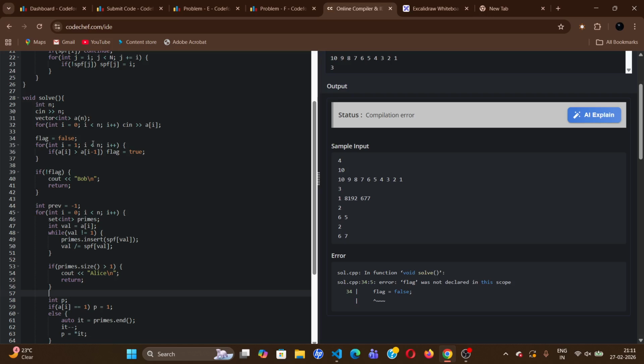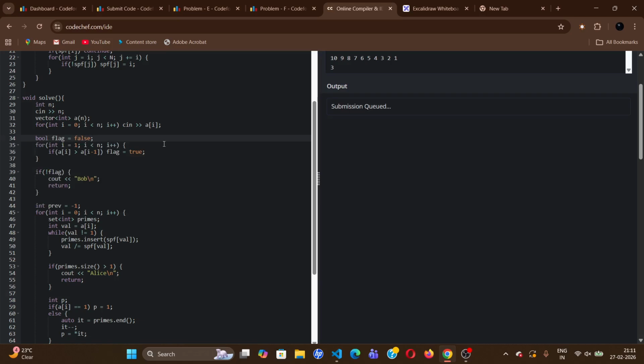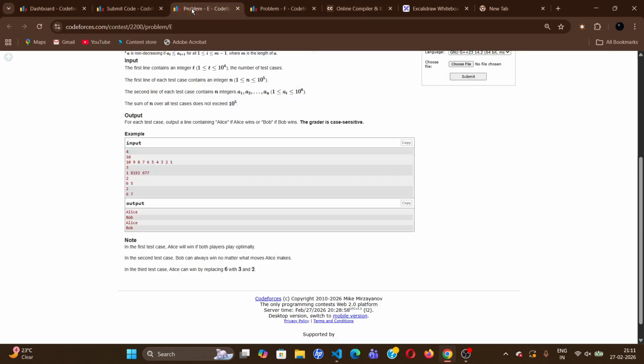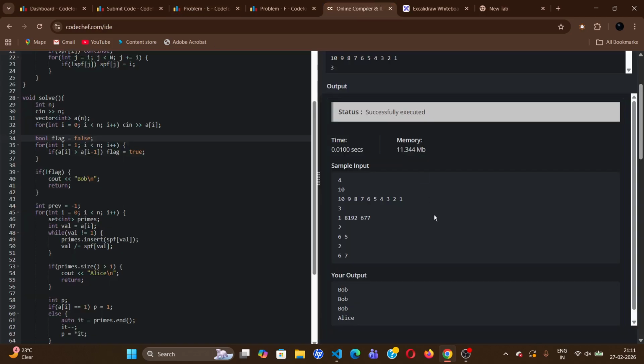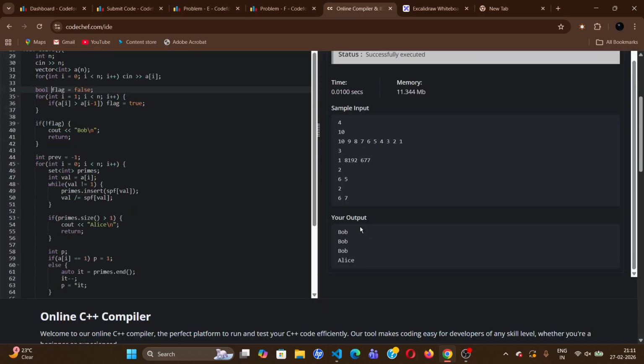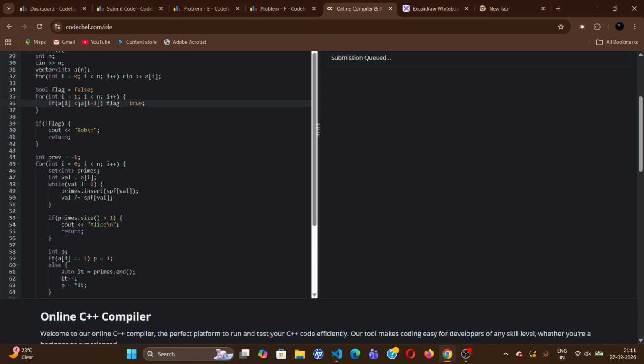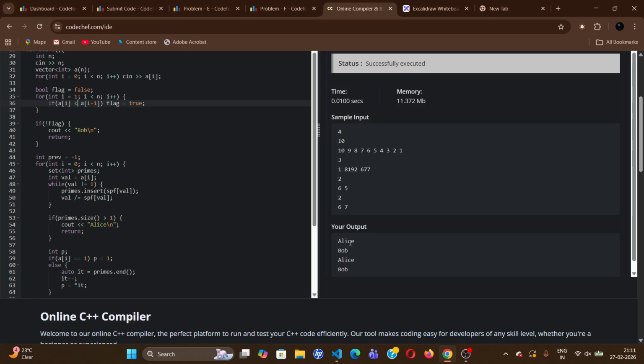Flag goes to false. Alice. First of all, this will be Alice.